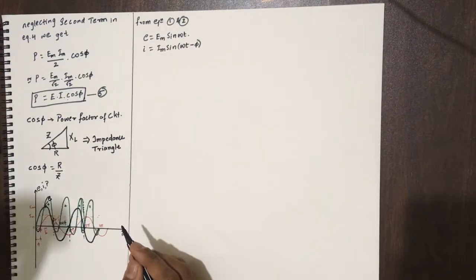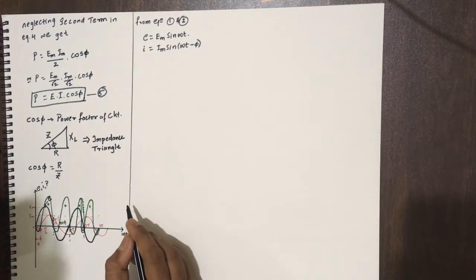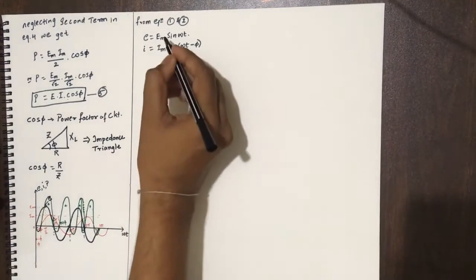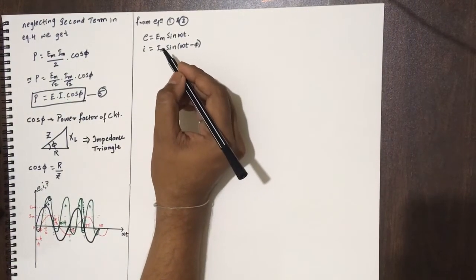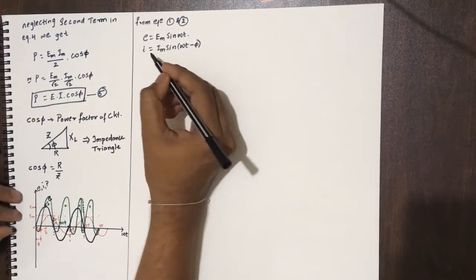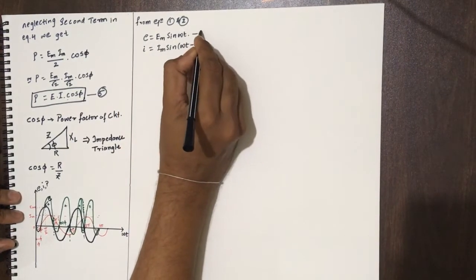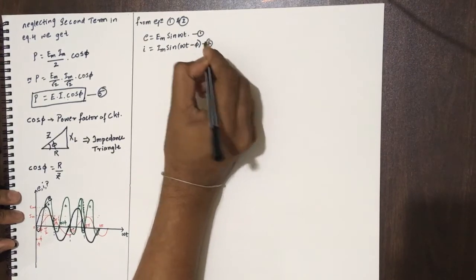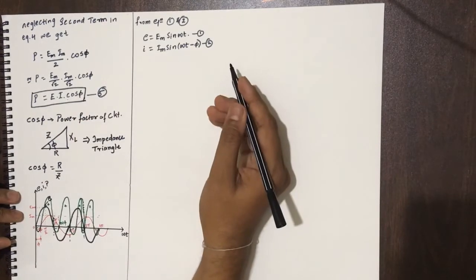Now, forgetting the nature of the circuit, whether series or parallel, let us concentrate on the two equations of E and I and draw the phasor relation of E and I. I will rewrite the equations same as 1 and 2, without giving new equation numbers because we have already taken them.